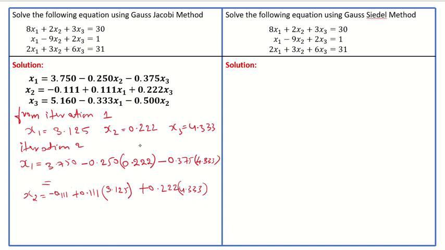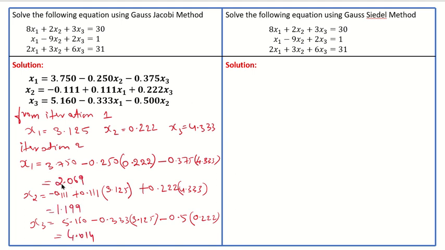And x3 equal to 5.160 minus 0.33 x1. x1 is how much? 3.125. Minus 0.5 into x2. x2 is how much? 0.22. You are going to get the answers for x1, x2, x3. We'll see how much answer we are going to get now. x1 equal to 2.069, x2 equal to 1.199 and x3 equal to 4.015.